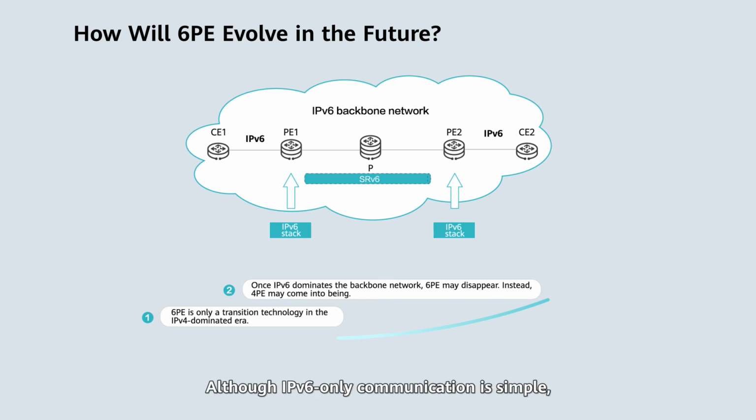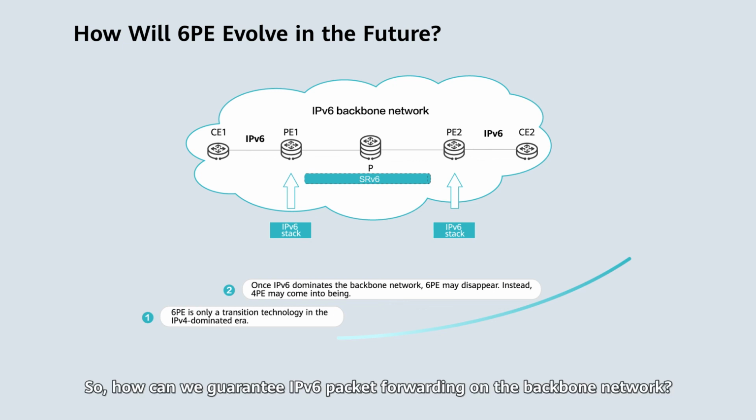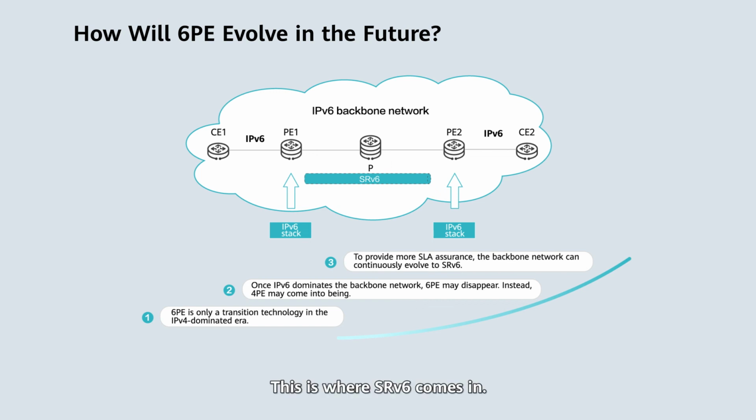Although IPv6-only communication is simple, it lacks SLA assurance for traffic forwarding. So how can we guarantee IPv6 packet forwarding on the backbone network? This is where SRv6 comes in.